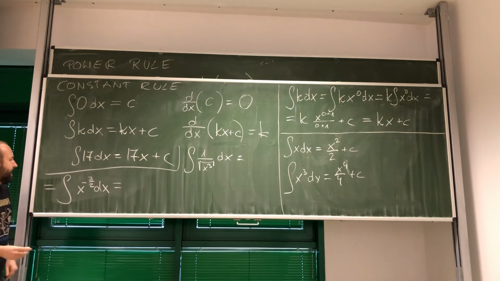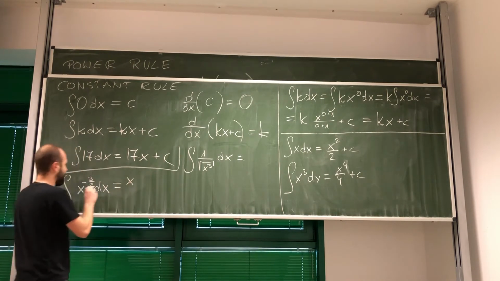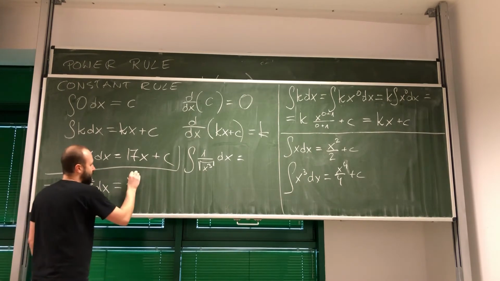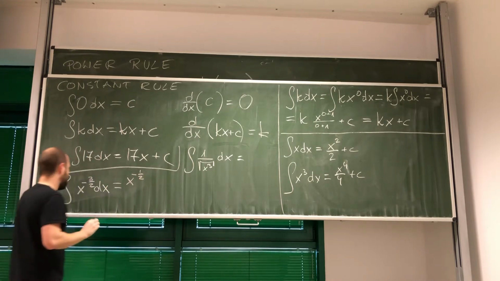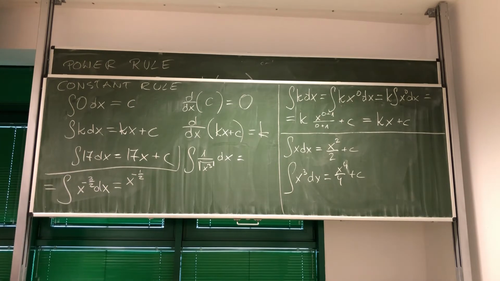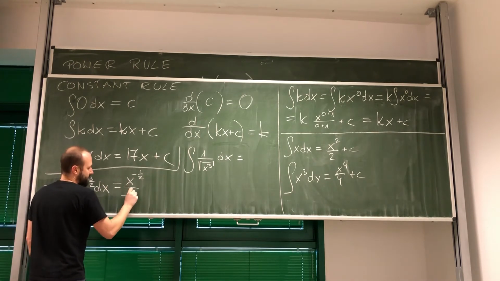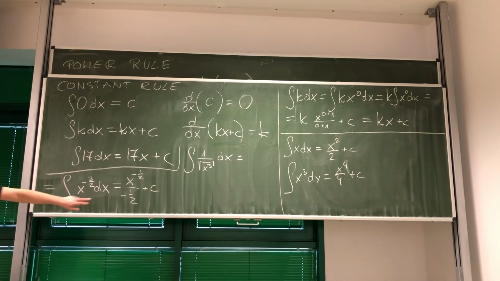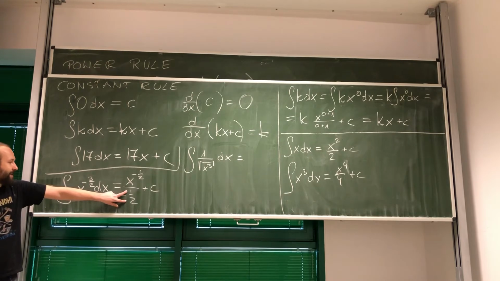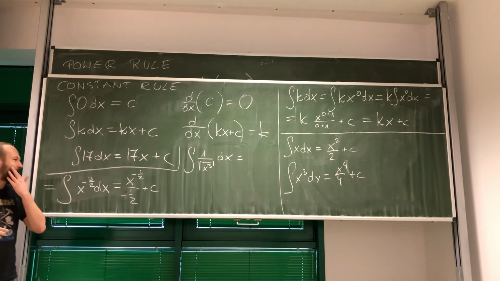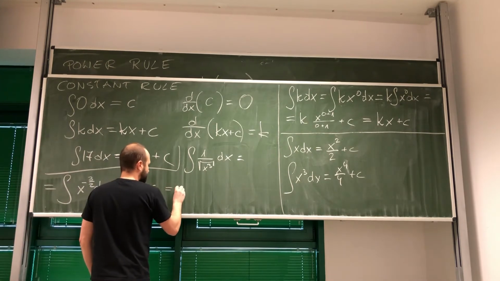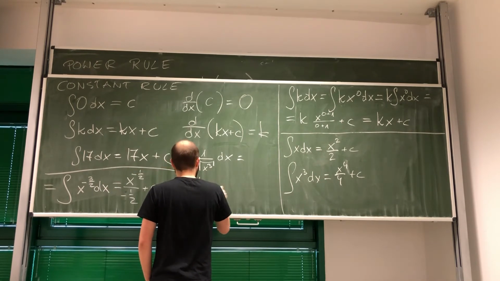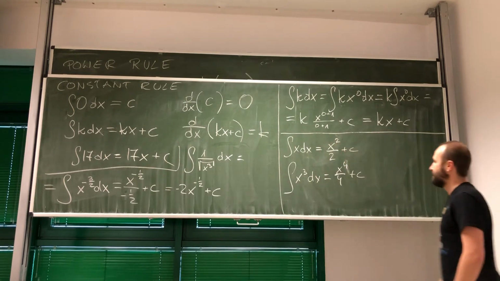Look, first, I need to have x, and to the power of x, I need to add 1. So I'm going to have x to the power negative 1 over 2. And this divided by negative 1 over 2 plus c. So look, if I'm dividing by negative 1 over 2, I'm getting negative 2 up front. Negative 2x to the power negative 1 over 2 plus c.